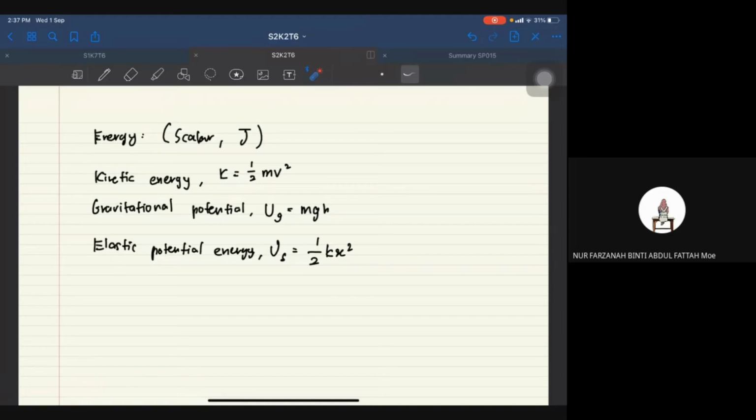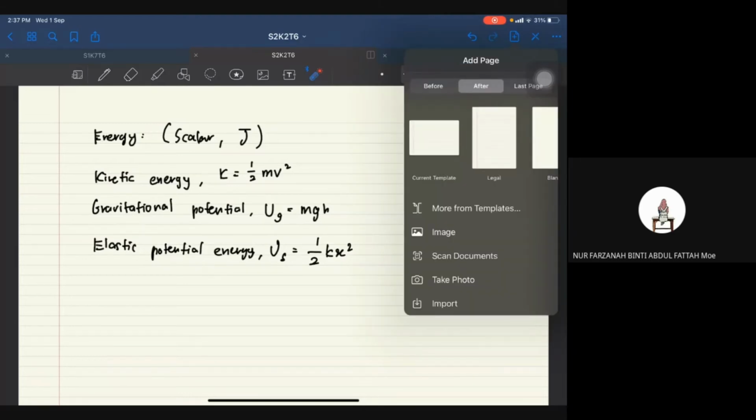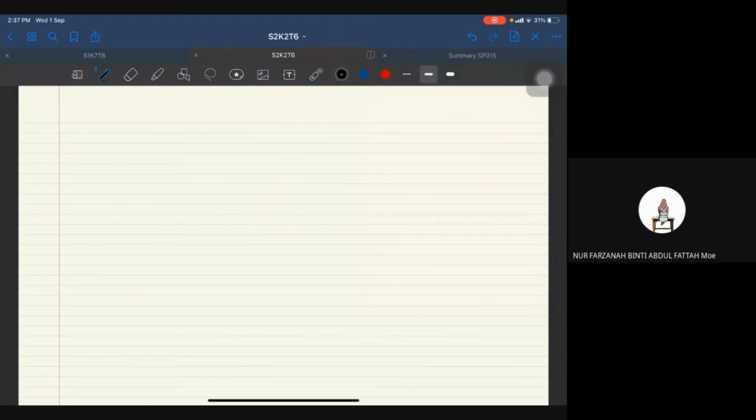At a certain height you have one potential, at a different height you have another potential. For this one, it depends on the form of the body. So if it is stretched more, X is bigger, and Us is bigger. That is an example.